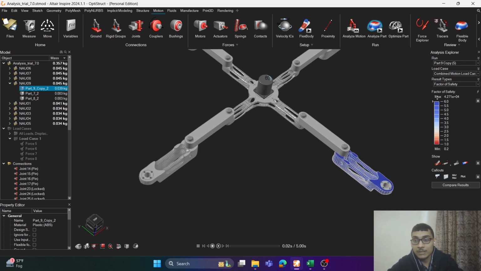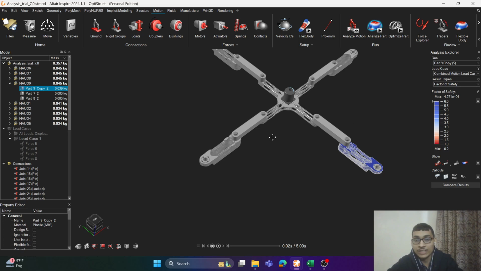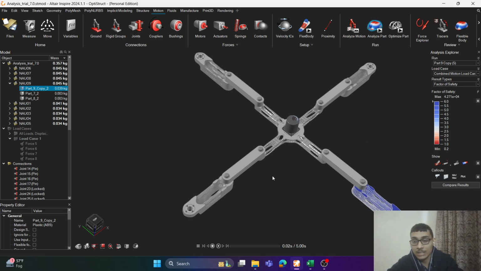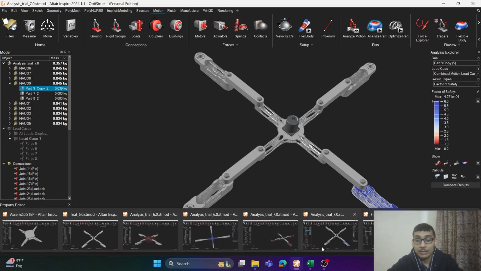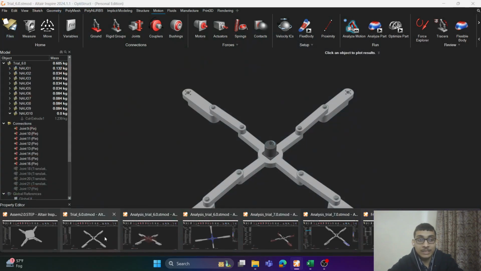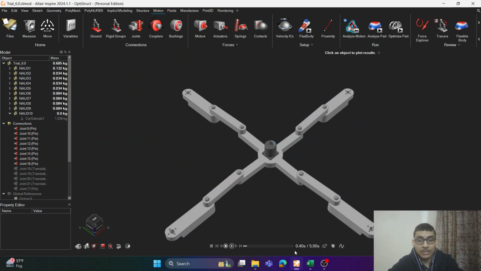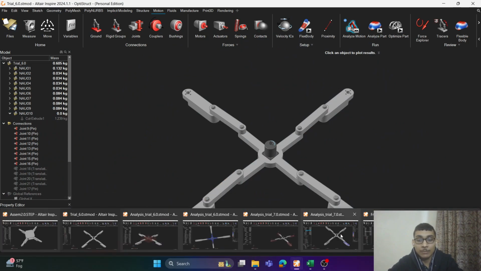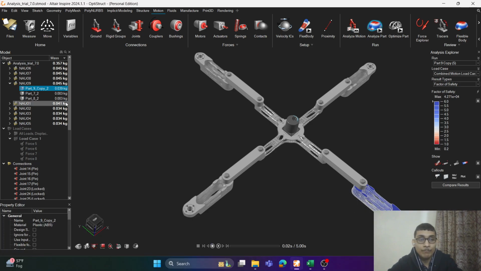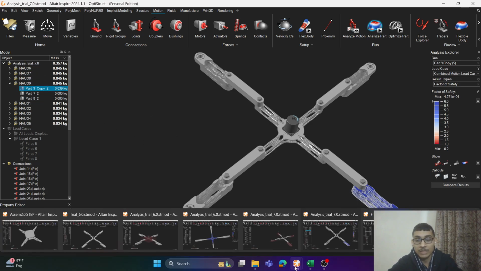And you can see here also the factor of safety is 6. So yeah, it's actually good for me. And thus in the mechanism you can see that initially its weight was 0.605 kg, but after doing their optimization I am able to get 0.357 kg weight of the mechanism.